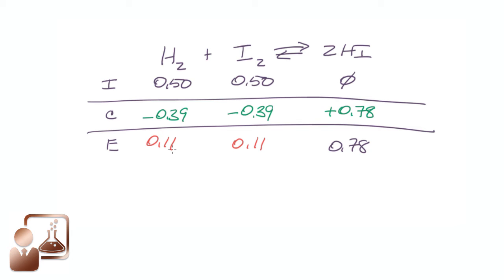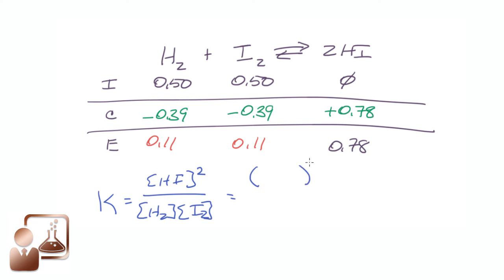Now, that means I have all the information I need to know what K is. Remember, K is, according to the law of mass action, just products raised to their coefficients over reactants raised to their coefficients. That means that I have at the top 0.78 moles of hydrogen iodide.